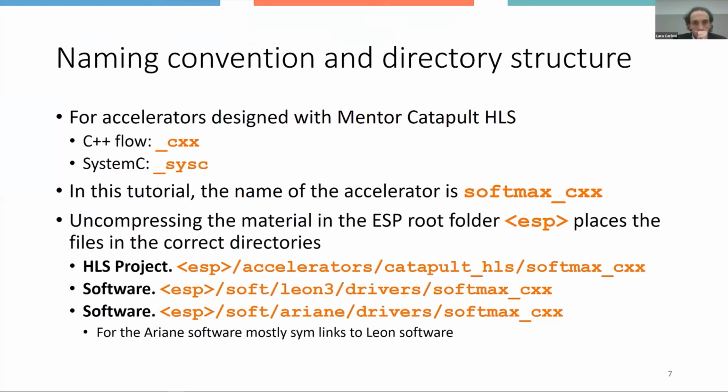If you have correctly uncompressed the material in the ESP root folder, the files for the HLS project will be in the directory accelerators/catapult_hls/softmax_cxx, while the software will be placed in soft/leon3/drivers/softmax_cxx and soft/ariane/drivers/softmax_cxx. Now, you have to know that Leon3 and Ariane mostly share the same code. This is why for the Ariane software, we have mostly symbolic links to the files in the Leon3 directory.